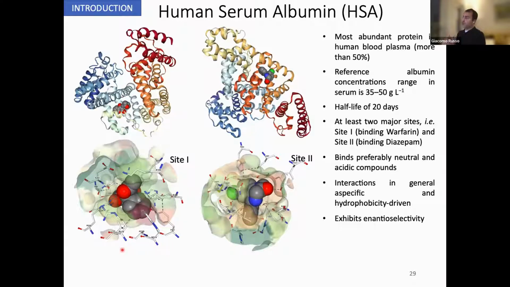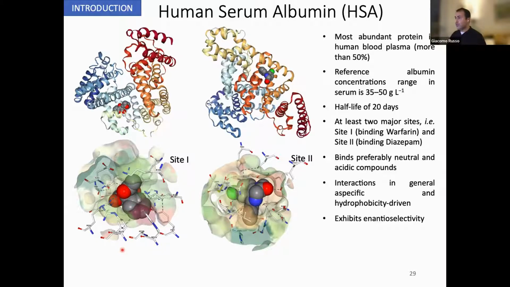And we know that the human serum albumin is essentially cationic, and it is able to interact preferably with neutral and anionic compounds. In most cases, the interactions are aspecific and are hydrophobicity driven. So the more hydrophobic the molecule, the more it will interact with the human serum albumin.